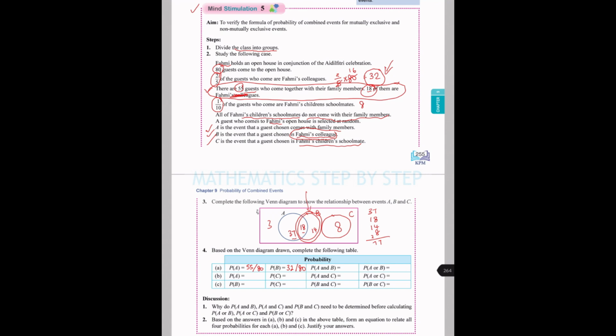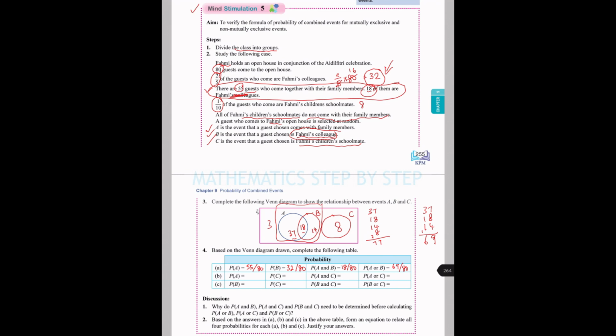Then probability of getting A and B is the probability of getting a guest out of this part, which is the intersection of set A and set B, so it is 18/80. Then the probability of getting A or B is the probability of getting a guest out of this set. Okay, so 37 plus 18 plus 14 equals 69. So 69 out of 80.